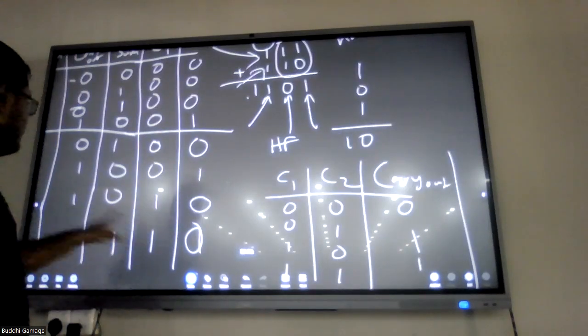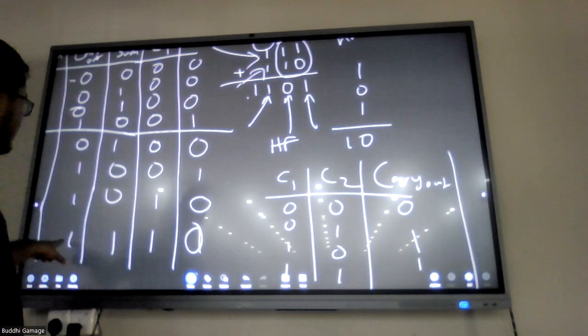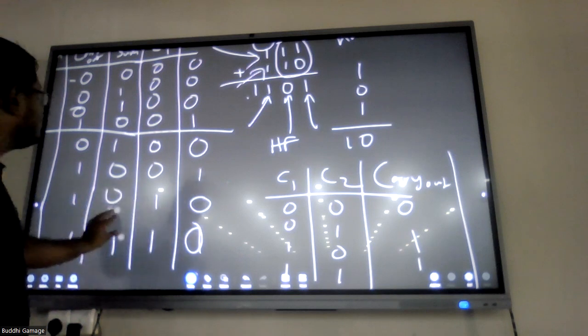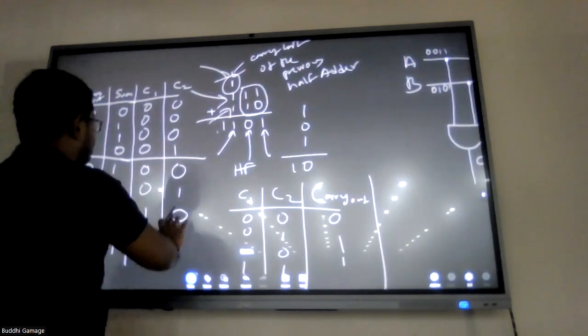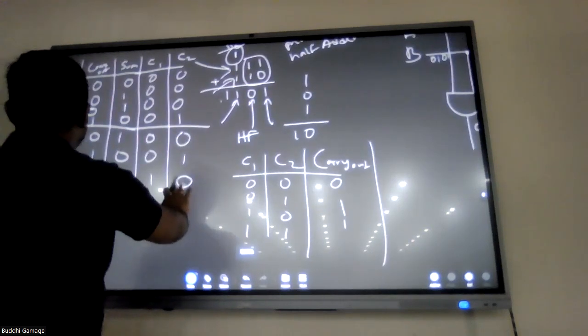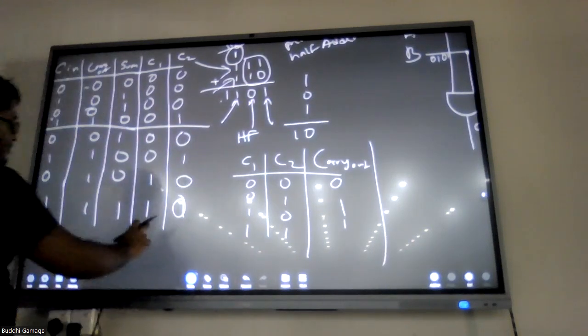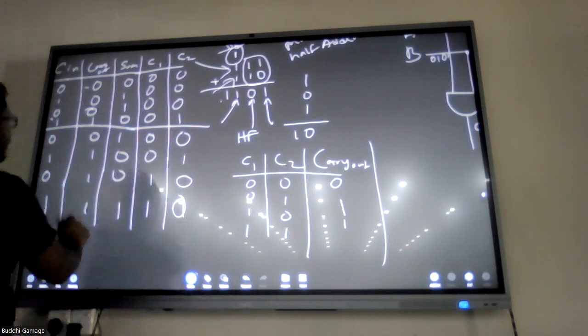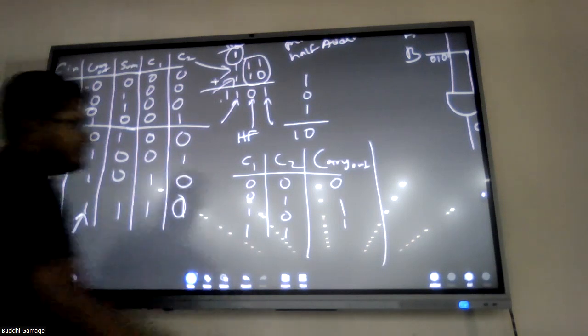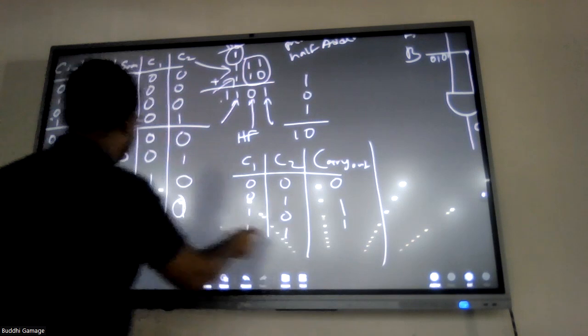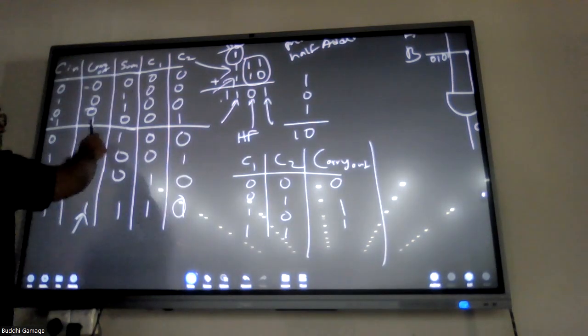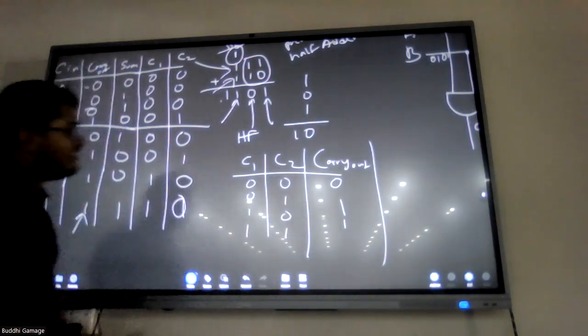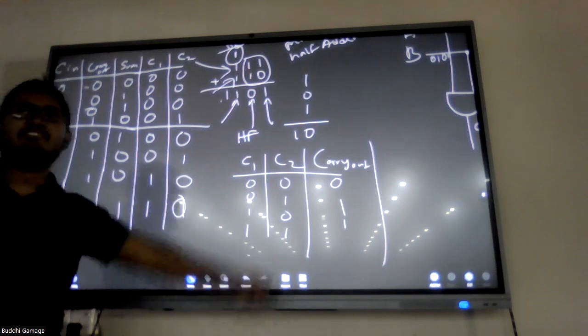For 1, 0, we are getting 1. Here also 1, 0, we are getting 1. Here also 1, 0, so also 1. And what is the output of this one? 1, 1.